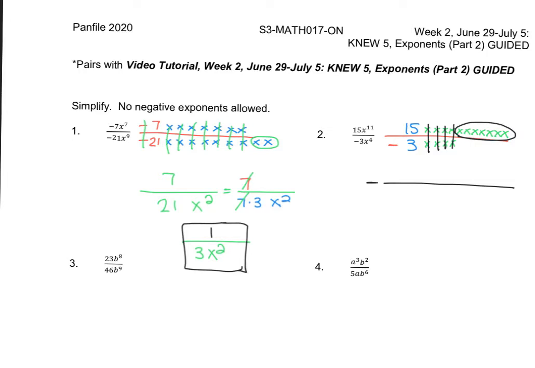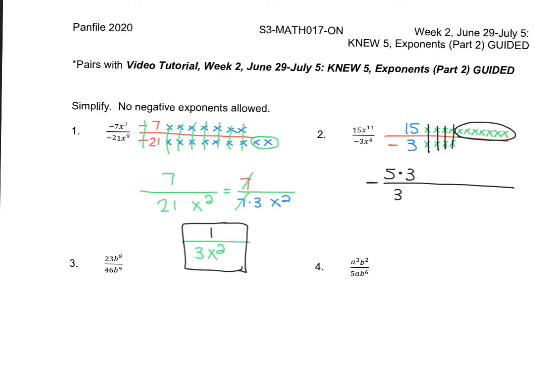If I have a 15 and a 3, I can break my 15 into 5 times 3. And again, this is where I want to get comfortable with my factors, right? So 5 and 3 are factors of 15.